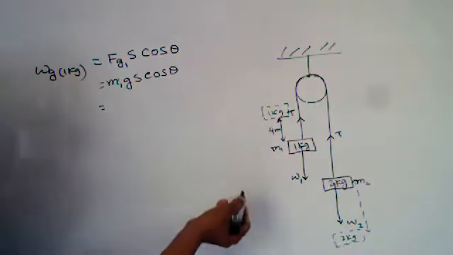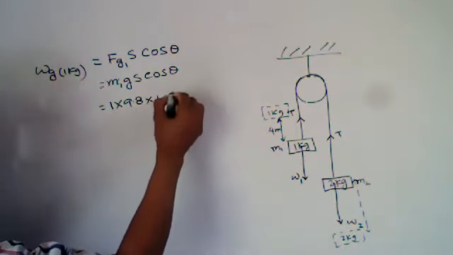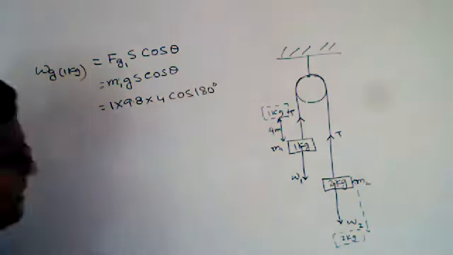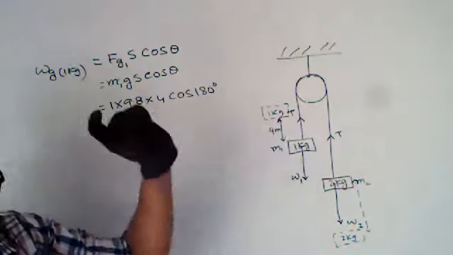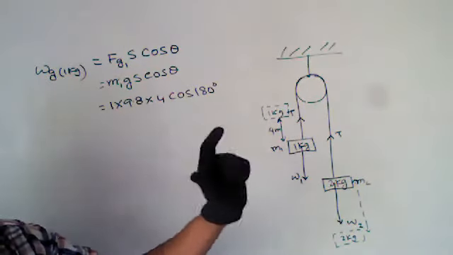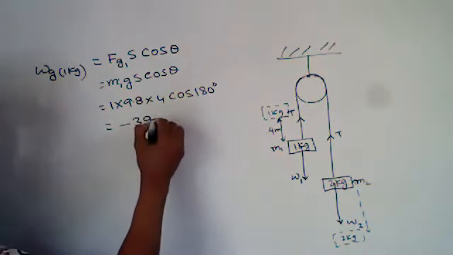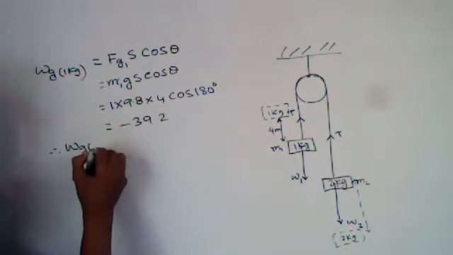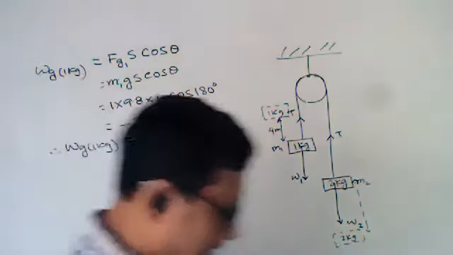M1 means 1, g means 9.8, s means 4, cos theta means cos 180 degree, because the direction of force and displacement are opposite to each other, so the angle between them is 180 degree. So it will be cos 180, that means minus 1, into 9.8 into 4. So the result will be minus 39.2. So work done by gravitational force on 1 kg will be minus 39.2 joule. Understand?